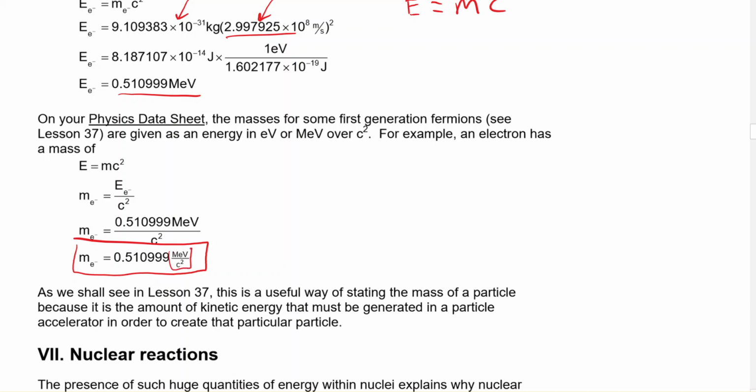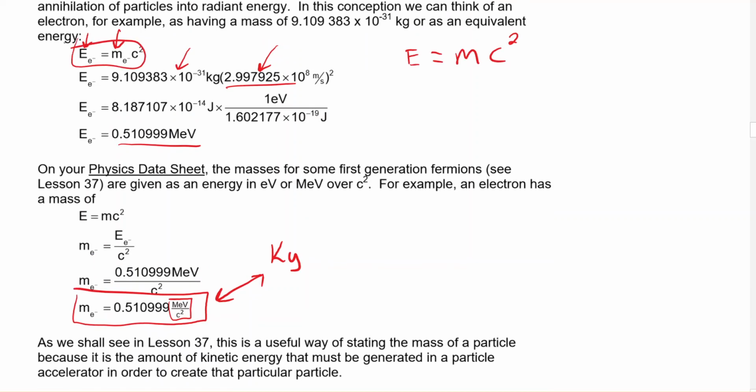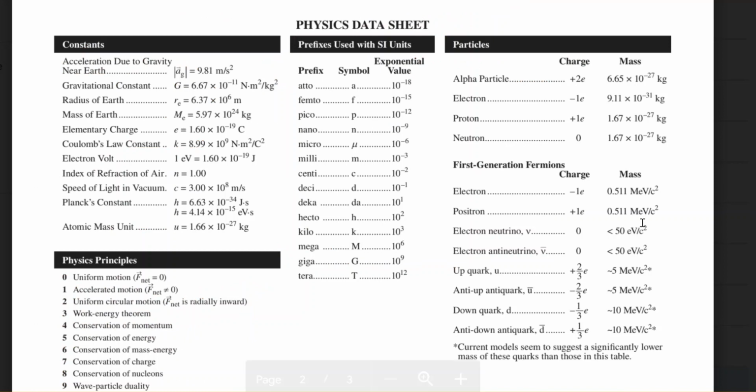It's not a different way of saying kilograms, but it's equivalent to mass. So instead of kilograms, we've just got a new unit that's energy over c squared. And it's all just from this equation, just rearranging to get this. Okay. And just so you can see what I'm talking about, it's right here. So mass could be written that way, mega electron volts per c squared, or speed of light squared.